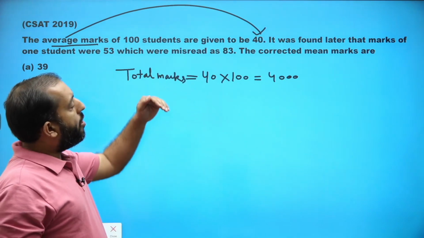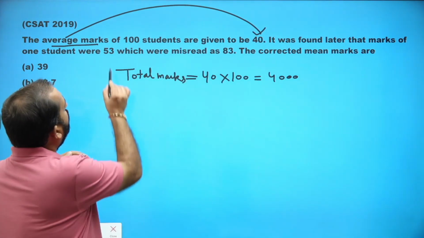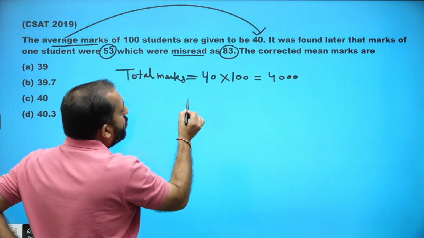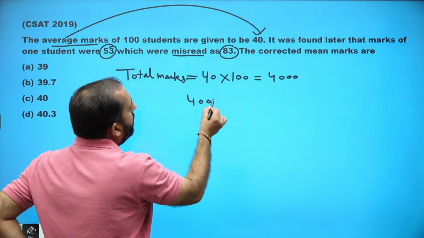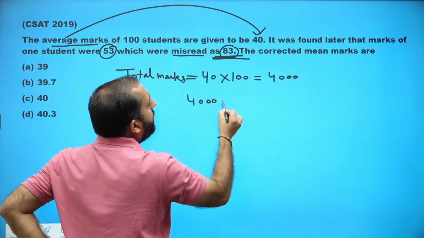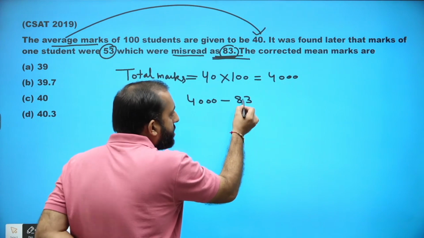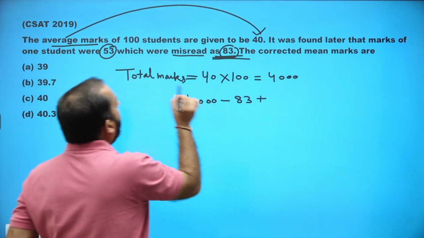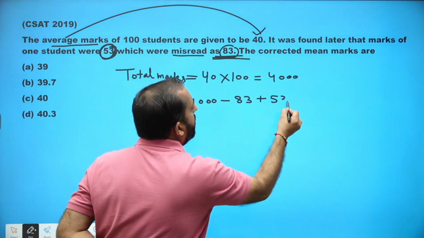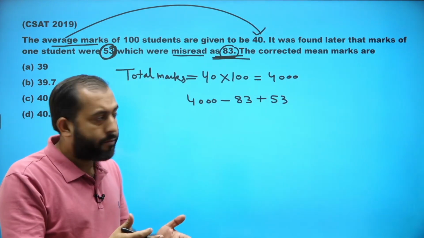Now, it was found later that the marks of one student were 53, which were misread as 83. So in this 4000, we have wrongly added 83. So subtract this wrongly added value, and instead of this 83, the right value that we need to add was 53. This should be the correct sum.